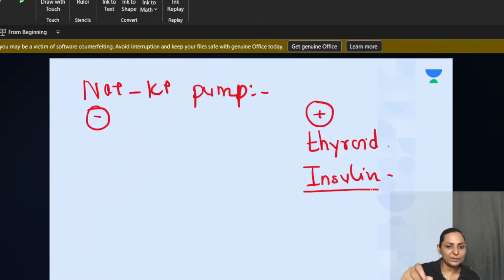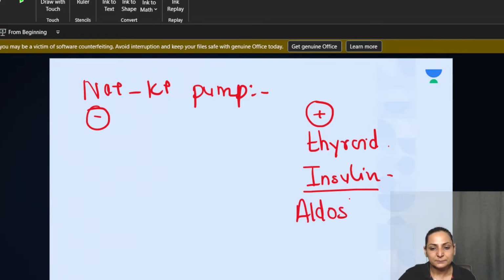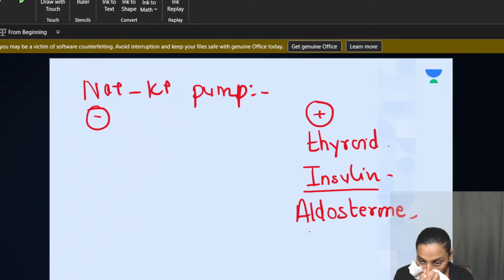This is a question related to it. It is also stimulated by aldosterone. Don't get confused with ADH. ADH has a role on water primarily, not on sodium. But aldosterone has a role primarily on sodium, and as it reabsorbs sodium, water is reabsorbed secondarily, right?